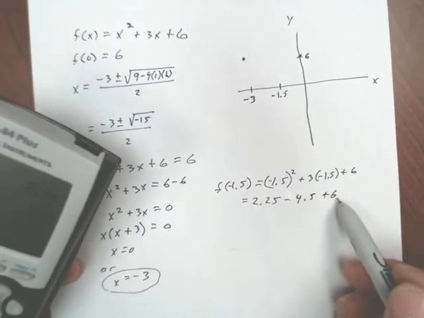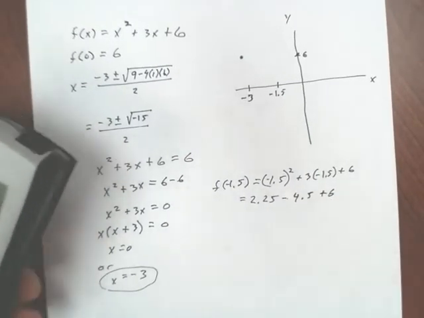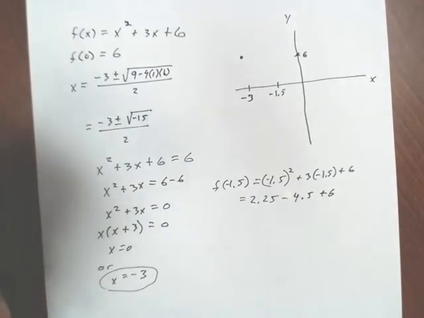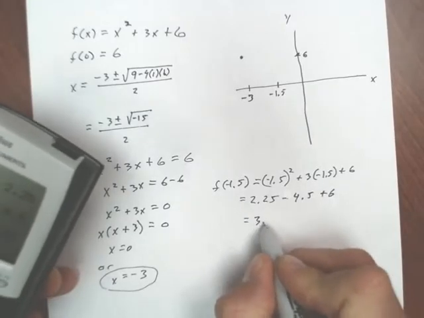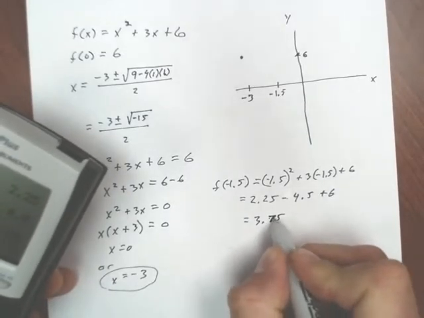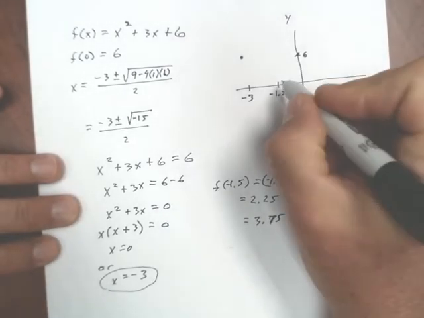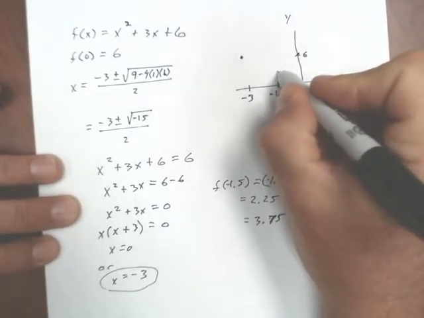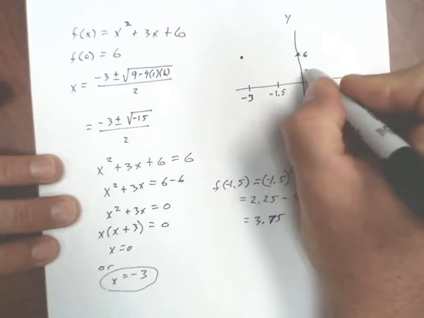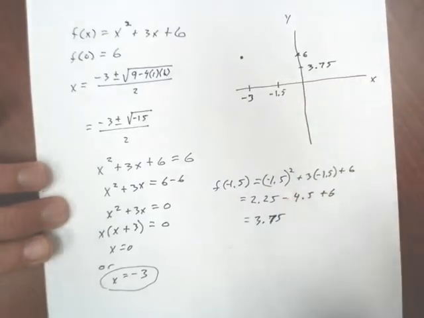Negative 4.5 plus 6 is 1.5. 1.5 plus 2.25 equals 3.75. So the y coordinate of our vertex is 3.75.